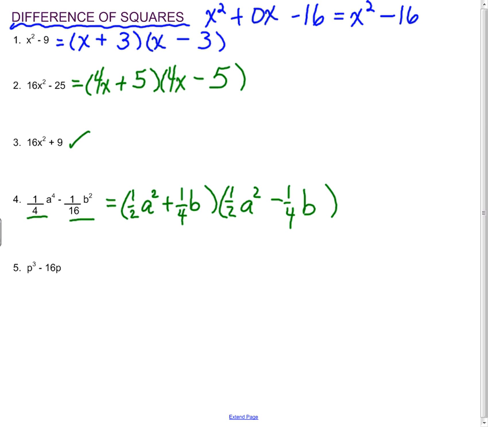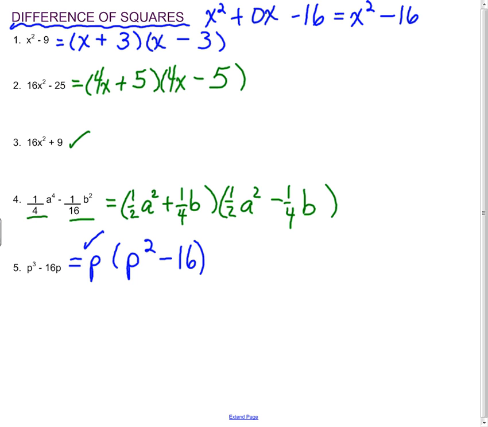And the last one, we should always look for a greatest common factor first. And this one has a greatest common factor of p. In the brackets, so I'm thinking distributive law, I would need p squared for the first term and subtract 16 for the second term. So that is taking out my greatest common factor.